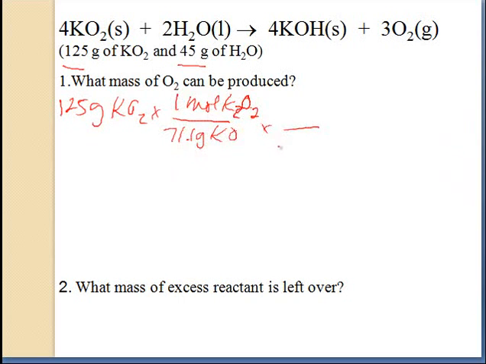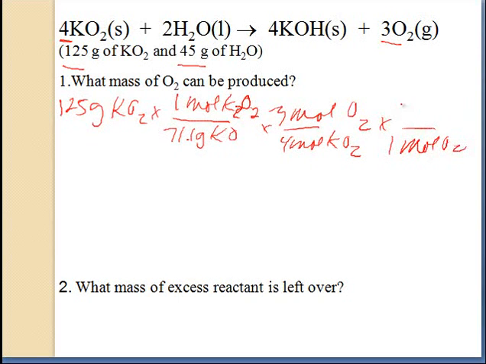And for every 4 moles of KO2, I can make 3 moles of O2. But it's asking me about grams, so I know 1 mole of O2 is 32.0 grams of oxygen. So I plug and chug, make sure I can cancel everything out, moles of oxygen, and I get 42.2 grams of O2.